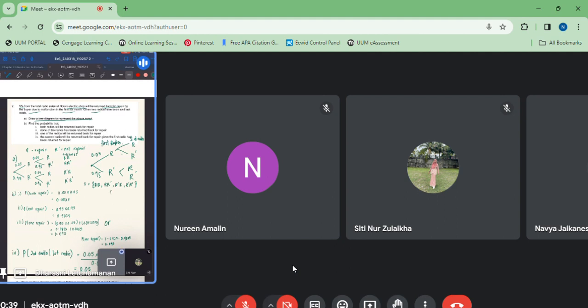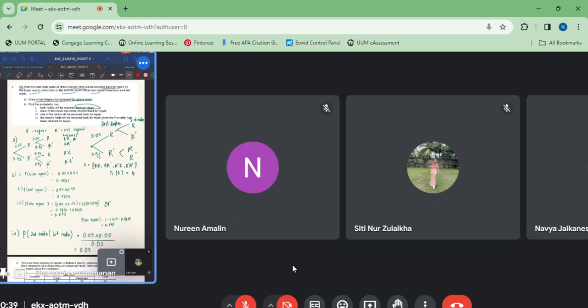Okay, that's the sample space. If it has a number of samples, write n(S), and the number of samples is 4. So they said, find the probability that both radios will be returned for repair. From the outcomes here, this one is returned for repair. Let me highlight as shown. You multiply this branch with this branch, so it's 0.05 times 0.05.